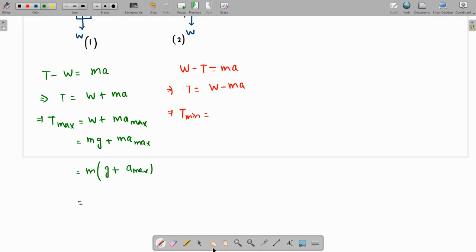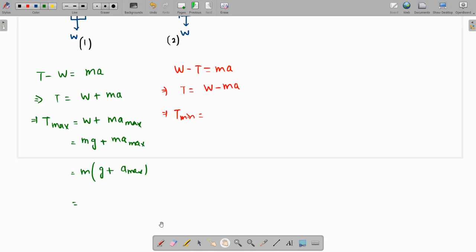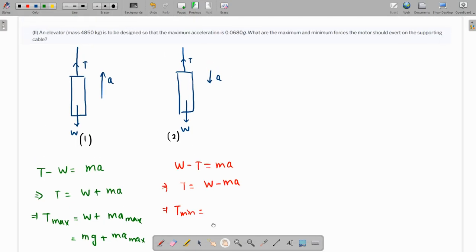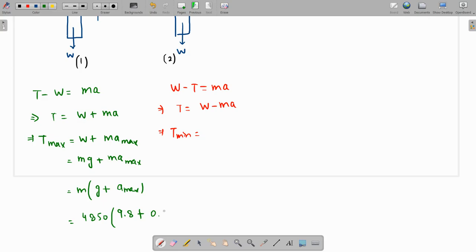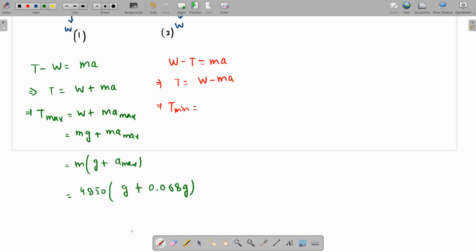Now let's substitute the value of m over here. Mass is going to be 4850, g is going to be 9.8 plus the maximum acceleration, 0.068 g. If it is in terms of g, then let's keep this as g as well.